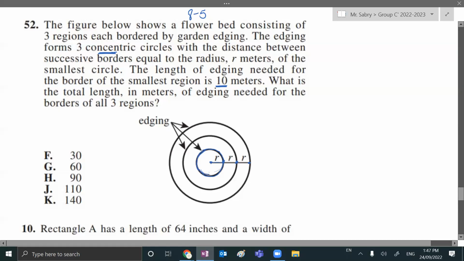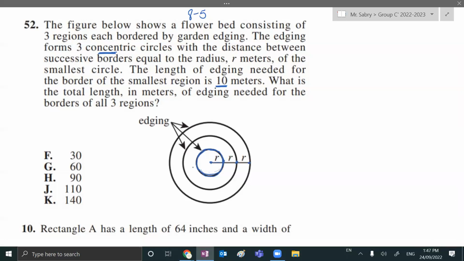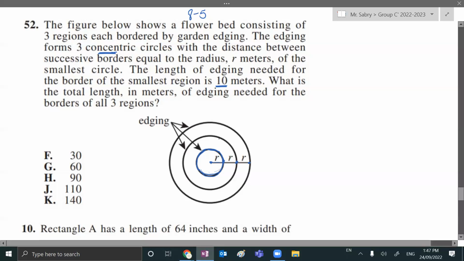So how do I get the edging of a circle? What represents the length of the edging of the circle? Is it the area or the circumference? Circumference, good. So the circumference would give me the edging.